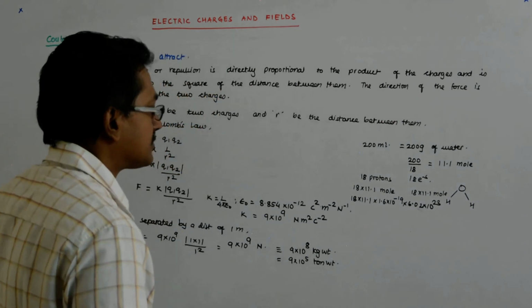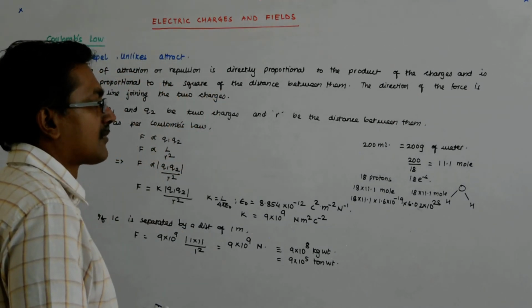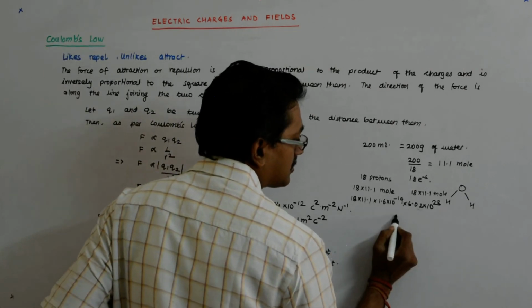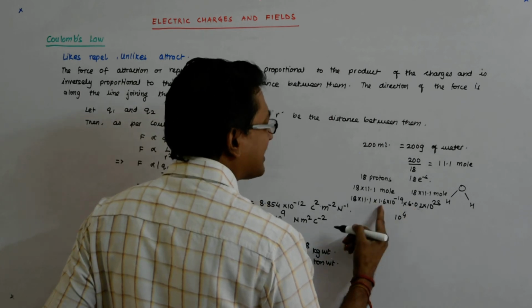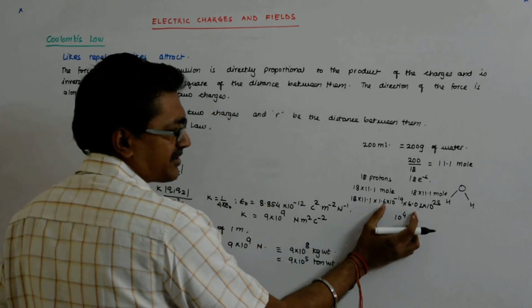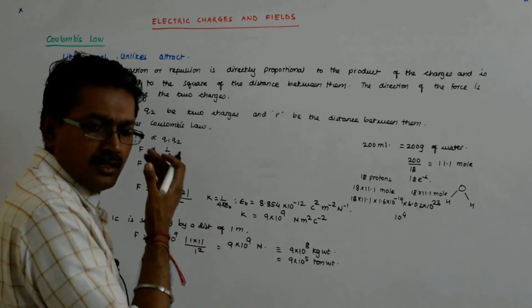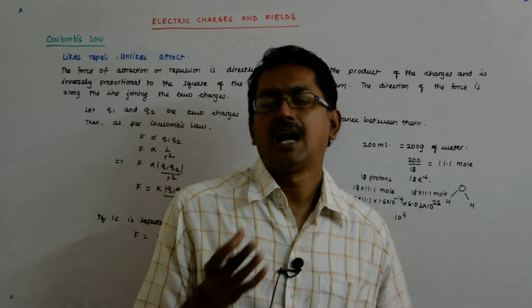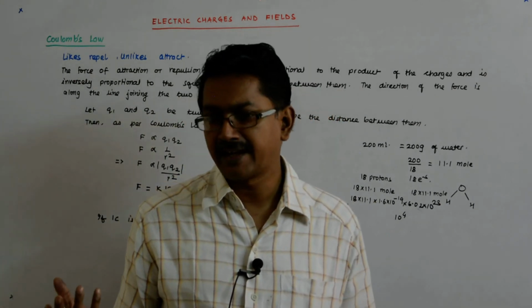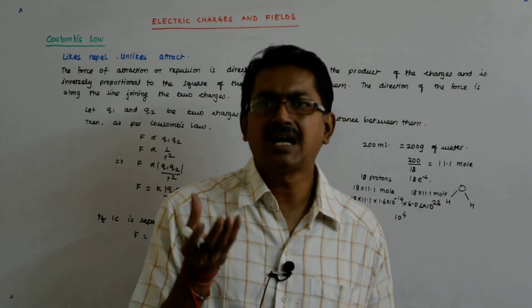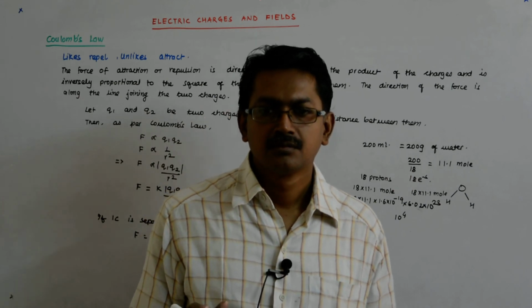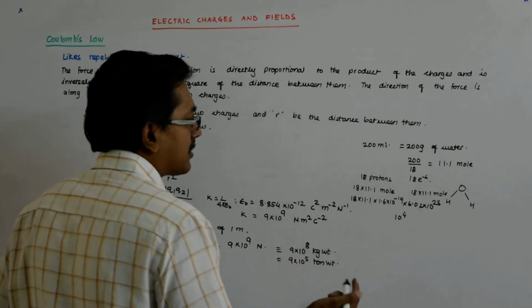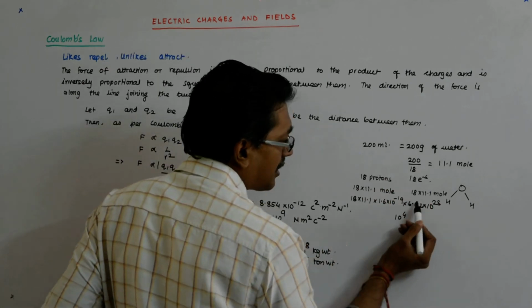Get that? This is how much? 10 to the power 4. This I approximately take as 9.6 something. I want to know how much charge is a glass of water carrying, a cup of water carrying. What is the positive and negative charge contained in a cup of water? So 10 to the power 4.